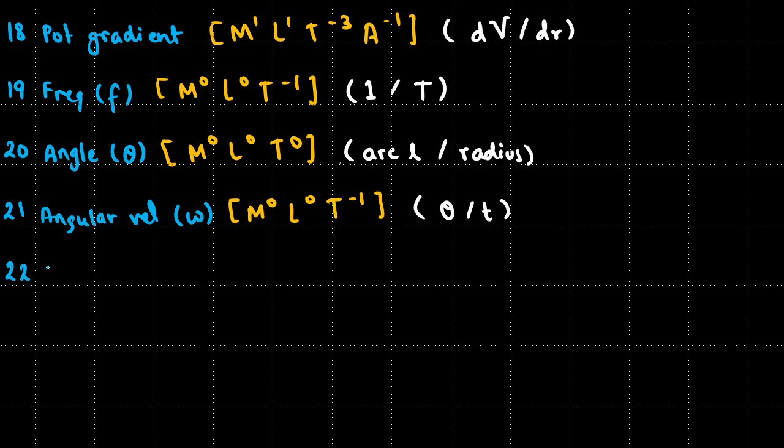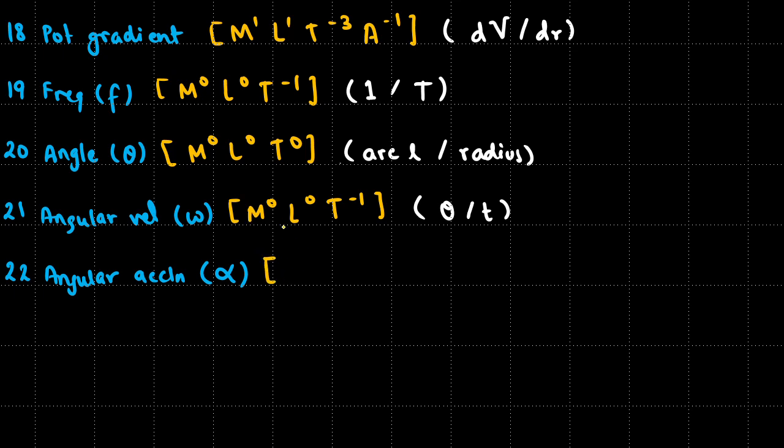The next one we are going to talk about is angular acceleration. Angular acceleration is represented by alpha. It's similar to the symbol a teacher writes wrongly, basically a very similar symbol.